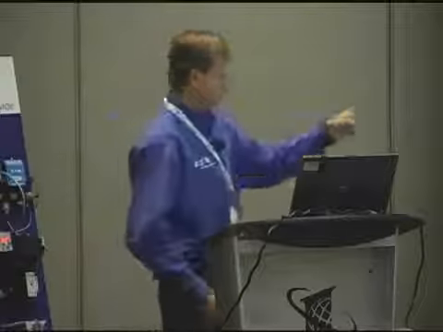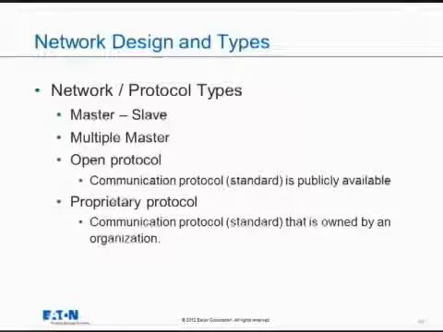You would typically see that in an Ethernet network, where, as an example on this board here, we could have that screen talking to a device. We could also have a PLC talking to a device. They're both masters. They're both requesting information. That's a multiple master network.